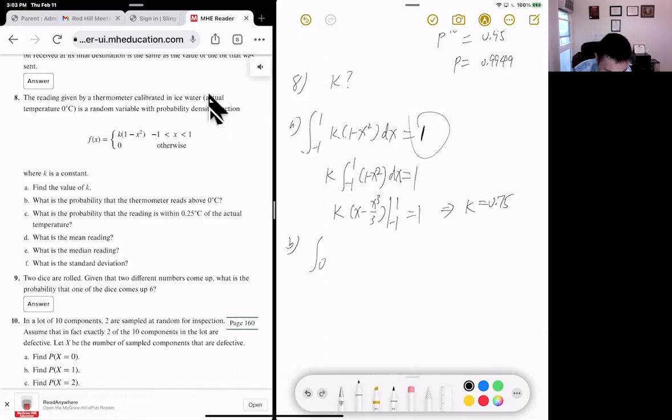The probability will be the integration of the density function, where k is 0.75, f(x) dx from 0 to 1. The question is asking about 0 degrees Celsius. So we do the integration from 0 to 1, and that is 50%.